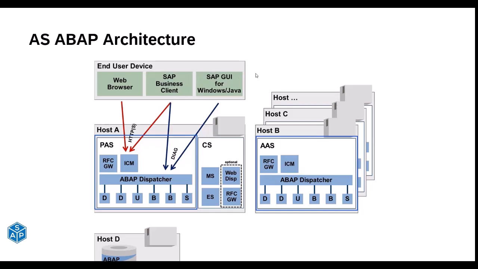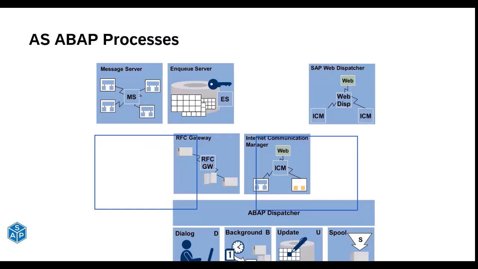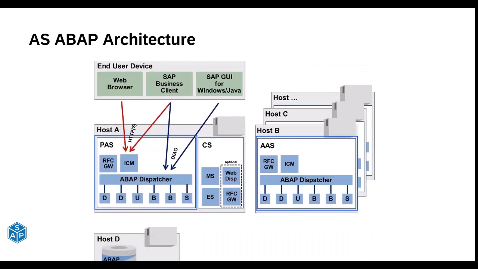Okay, let me try to explain. For me, the AAS would permit us to make a replication, in case the PAS is down, we will use this server.